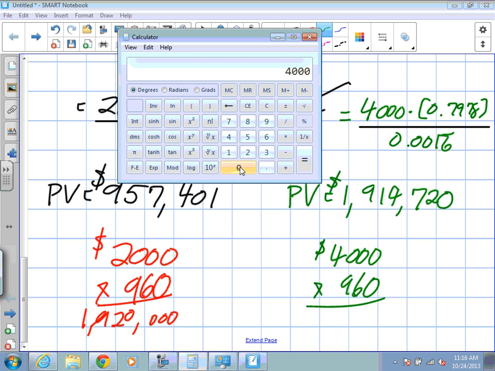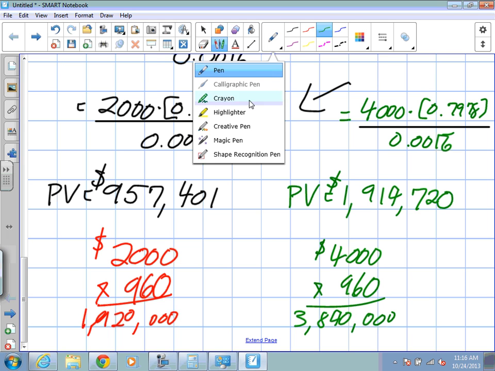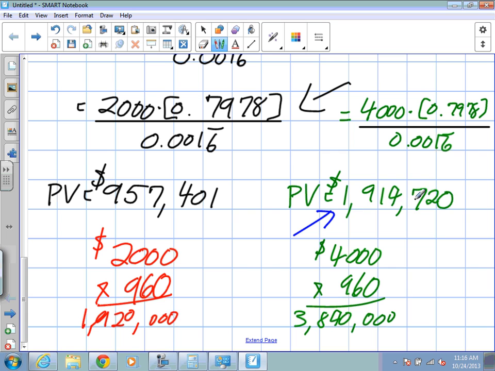We actually got $3.84 million. So, if we were able to put in this $1.9 million, after 80 years, we would have withdrawn $3.8 million, a much larger amount than we originally put in the bank. So we were able to spend a lot more money than we originally invested into the bank.